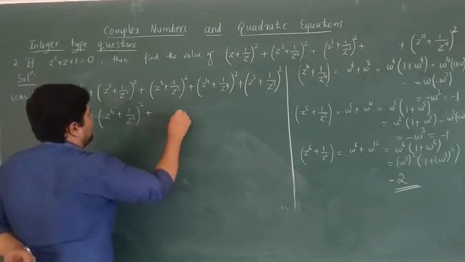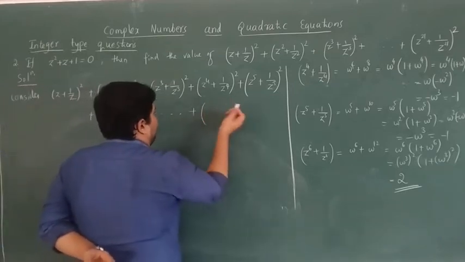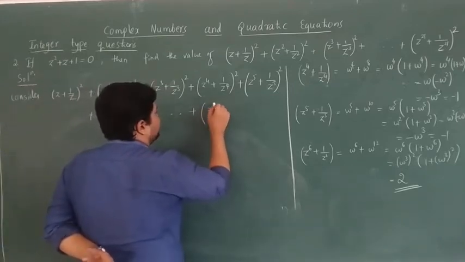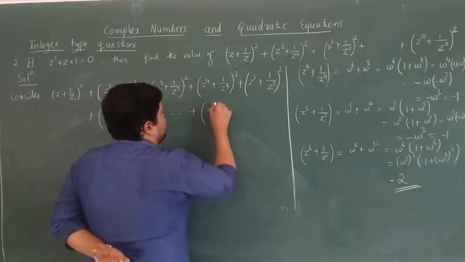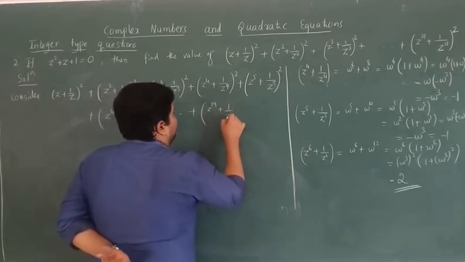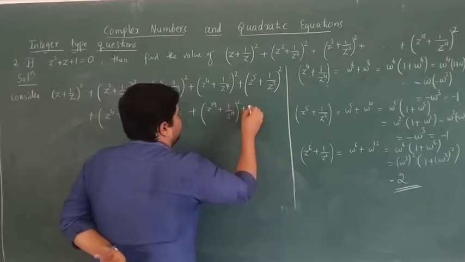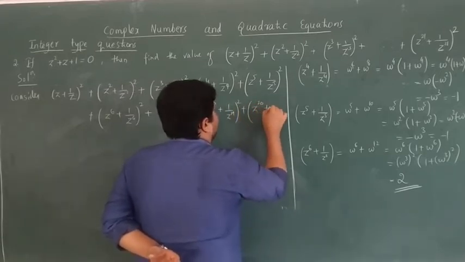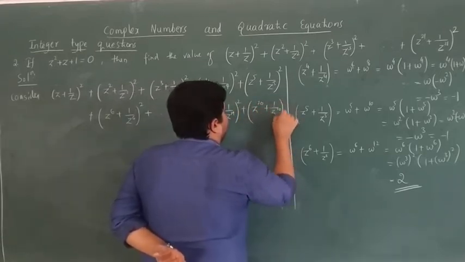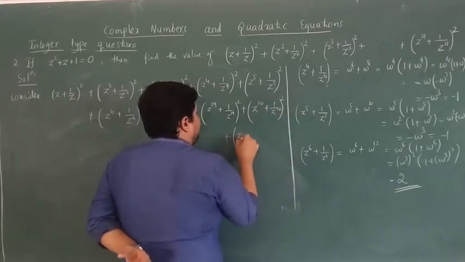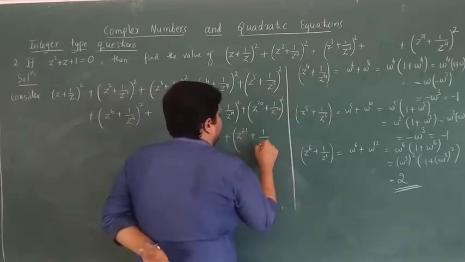The last 3 terms are z power 19 plus 1 divided by z power 19 whole square plus z power 20 plus 1 divided by z power 20 whole square plus z power 21 plus 1 divided by z power 21 whole square.